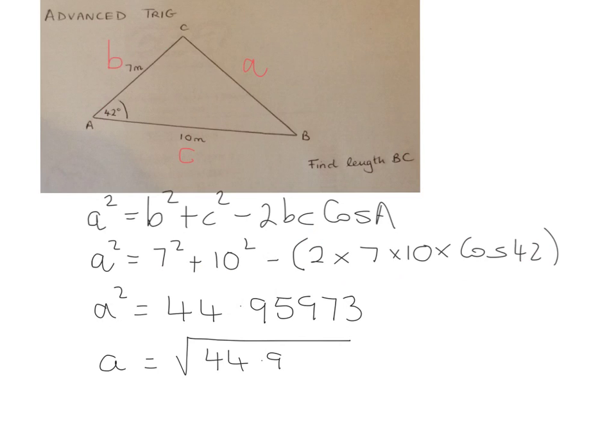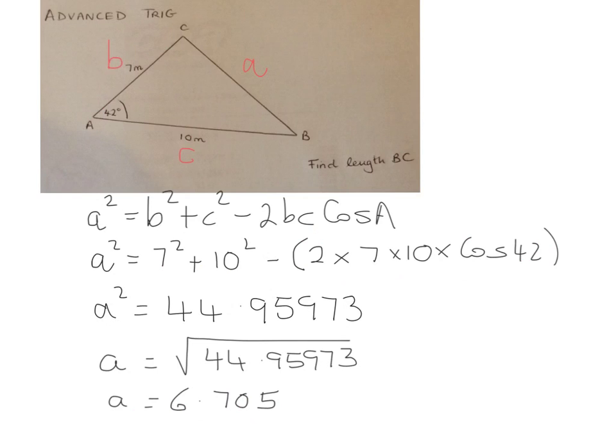When we take the square root of that, obviously don't clear your screen in your calculator, just take the square root of your answer, and you get 6.705. Now that's the length of a. Usually at this point you need to do a little bit of rounding, and rounding at GCSE normally is to 3 significant figures. So there's your first, there's your second, there's your third.